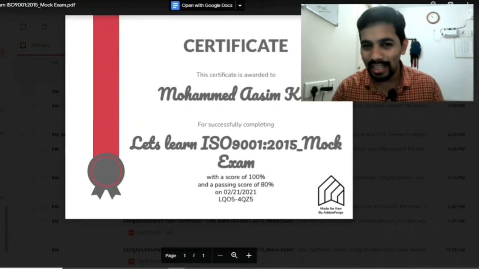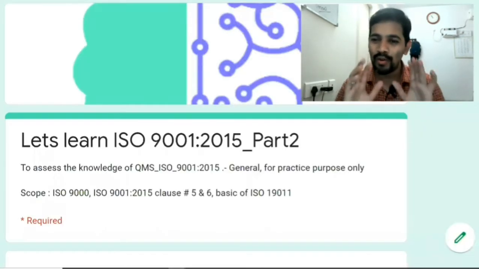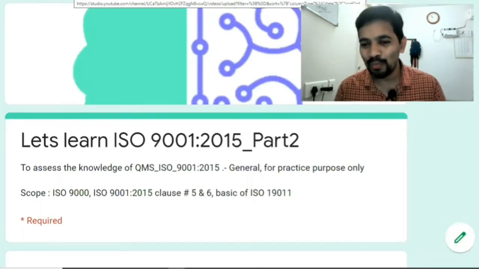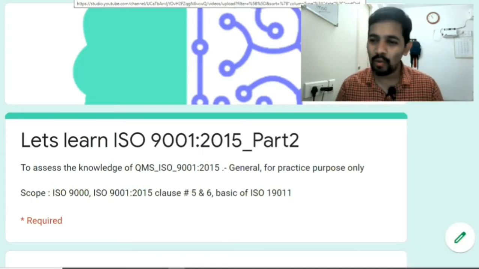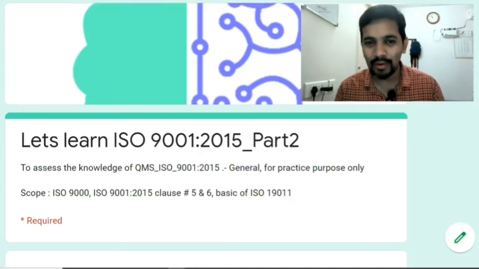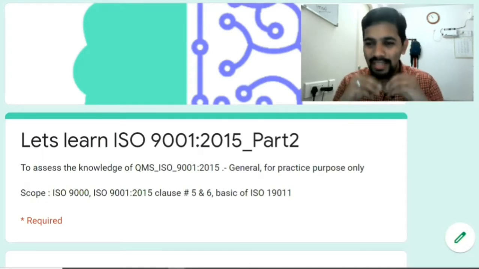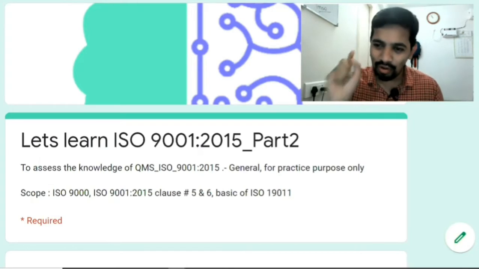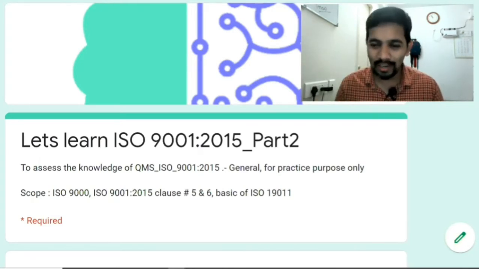So in this one, we're going to use the same approach, same model, and do part 2. In part 2, I will be giving a little bit of explanation, and this is only for practice purposes. If you want to take this assessment, I will give the Google form link in the description. Click it and you can have a go through it. All three benefits apply.